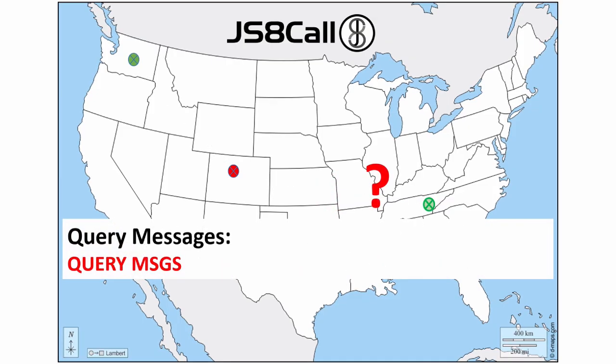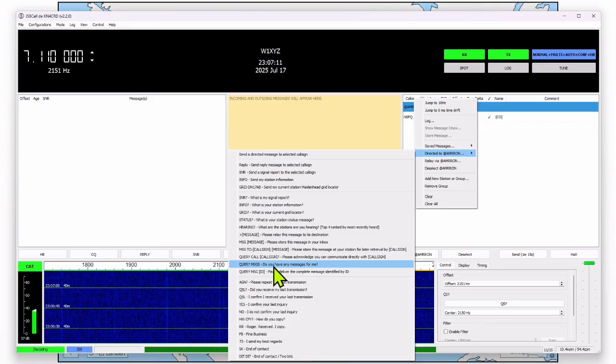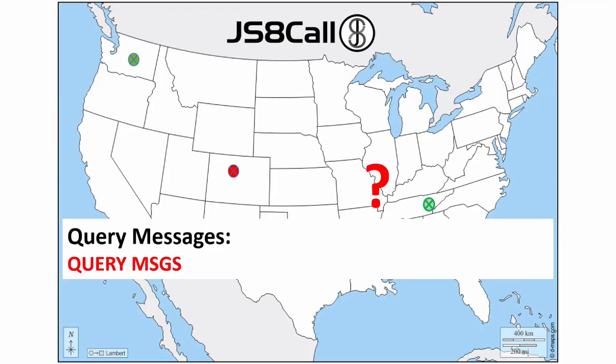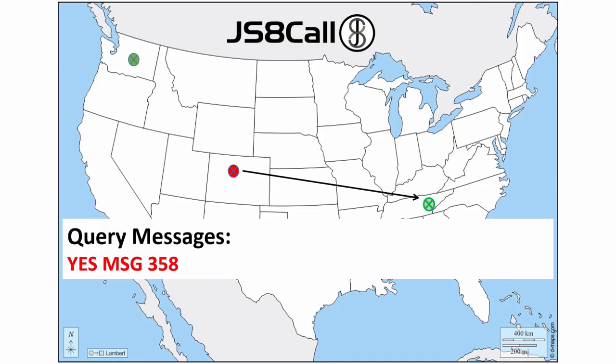So the Tennessee station comes up online and he puts out a query. Do I have any messages? Query messages. Do you have any messages for me? A message will be assigned a number by JS8Call, and Colorado will respond, yes, message 358.